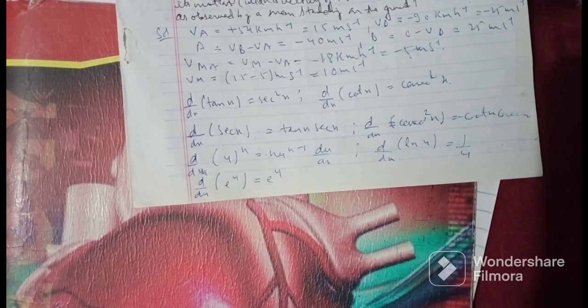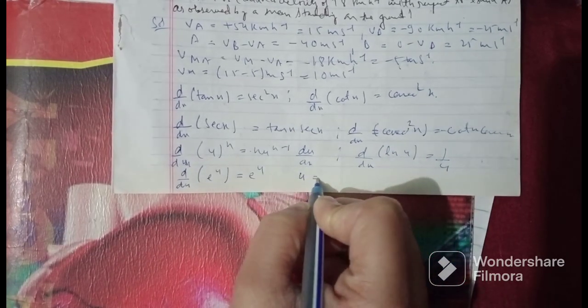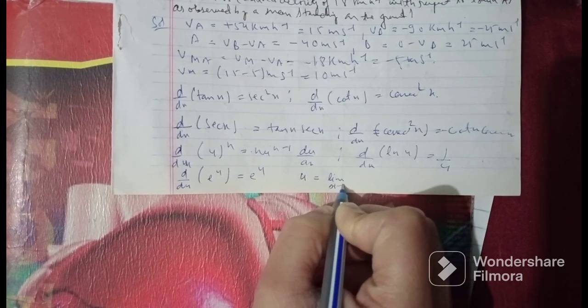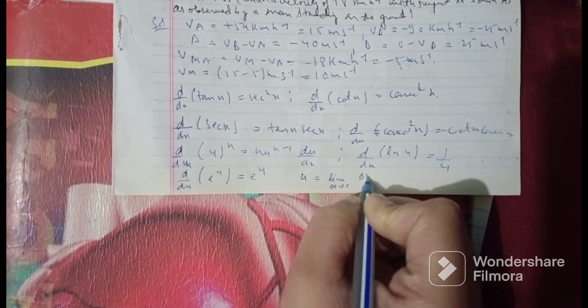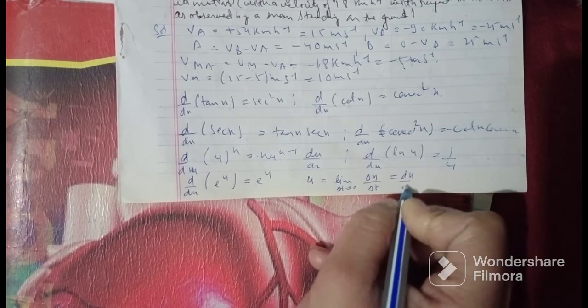So in terms of derivatives, the instantaneous velocity and the acceleration are defined as: v equals the limit as delta t tends to 0 of delta x by delta t, which equals dx by dt.